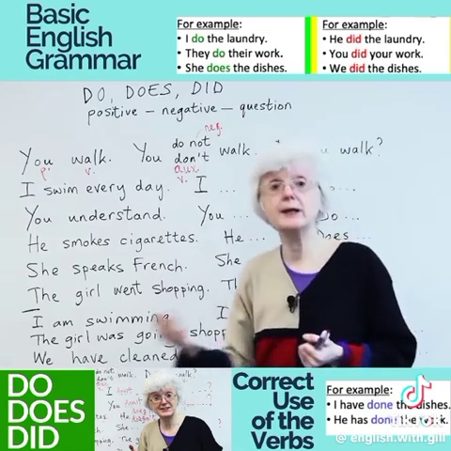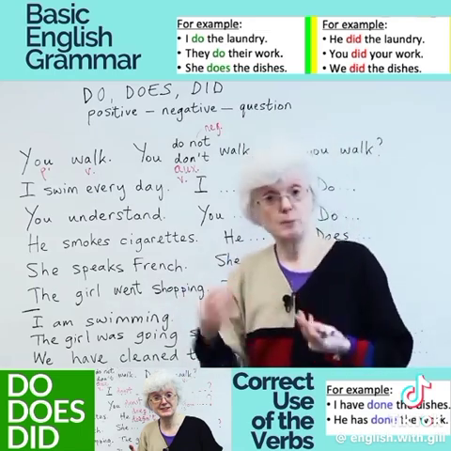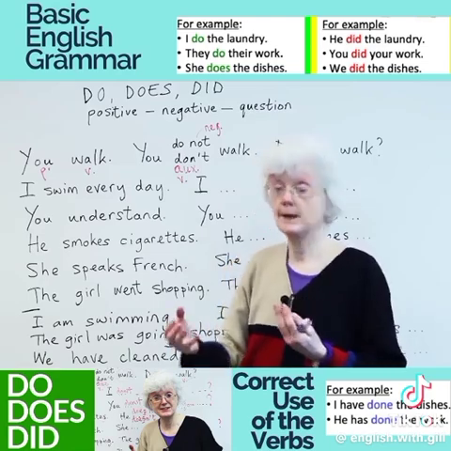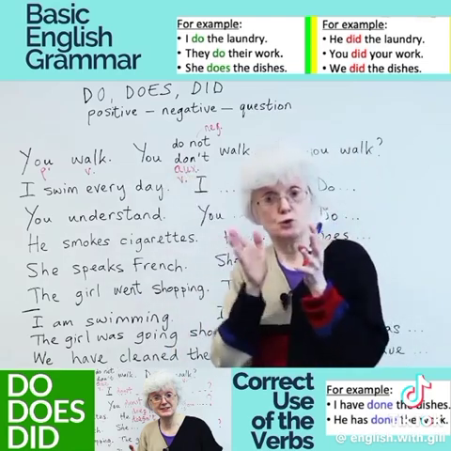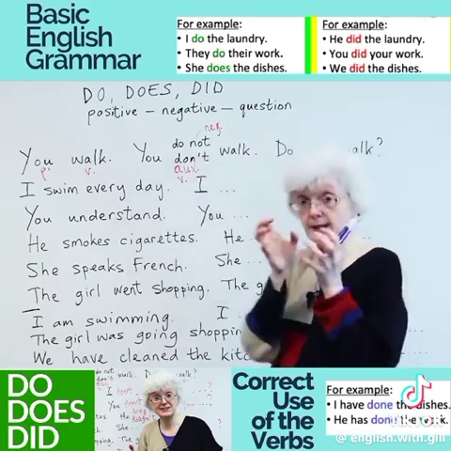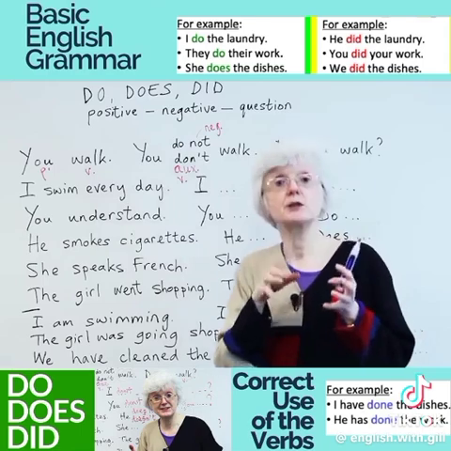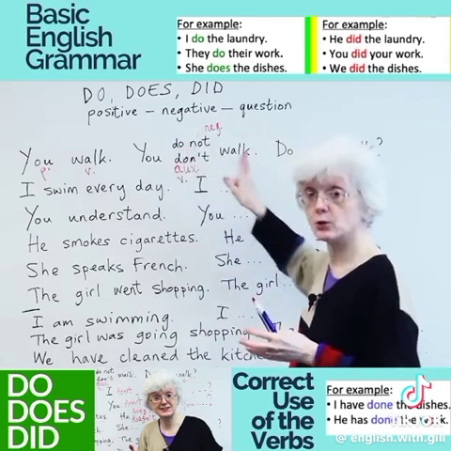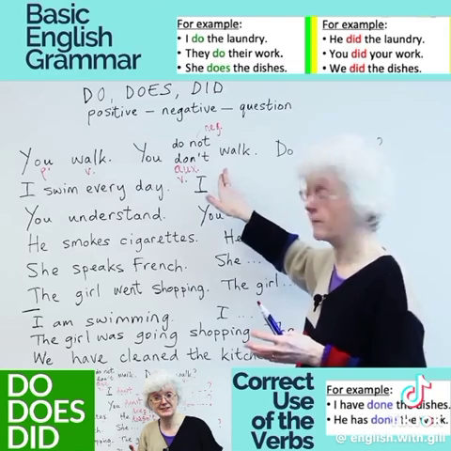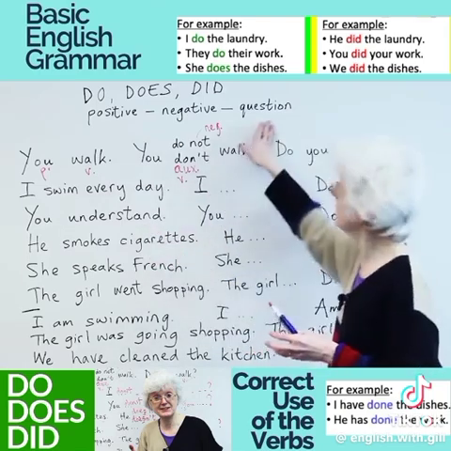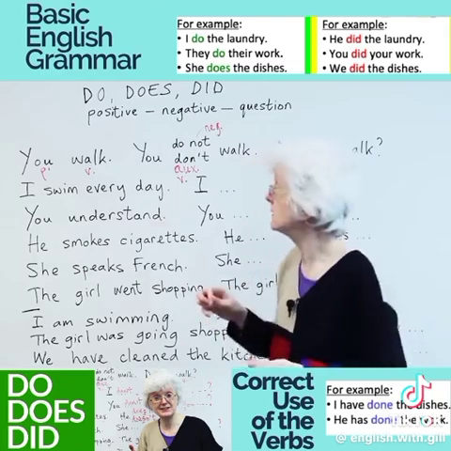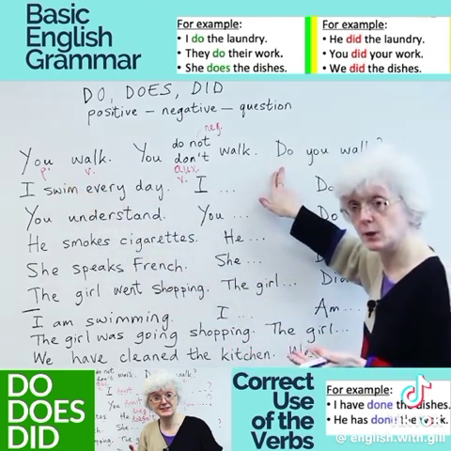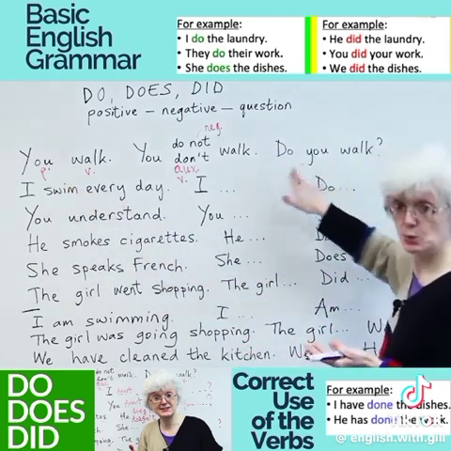In speech, when we're speaking, we say you don't. Maybe if you're writing a formal essay for an exam, it's best not to use contractions, abbreviations like don't. It's better to use do not. Okay, so you do not walk. That's the negative. Okay, and then again, if we turn it into a question and you're asking the person, it's do, again, do you walk?